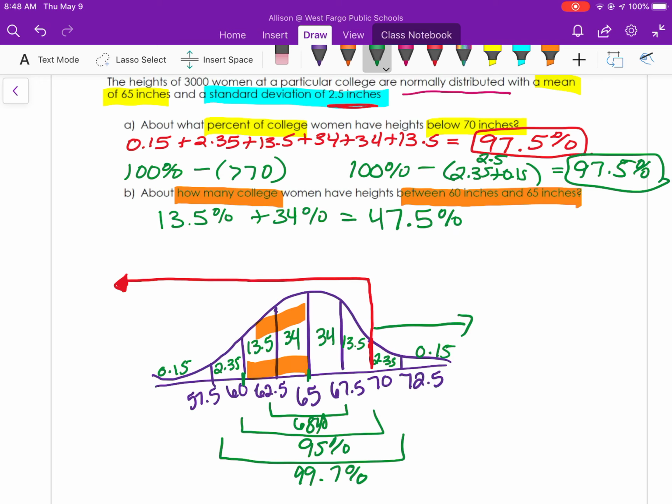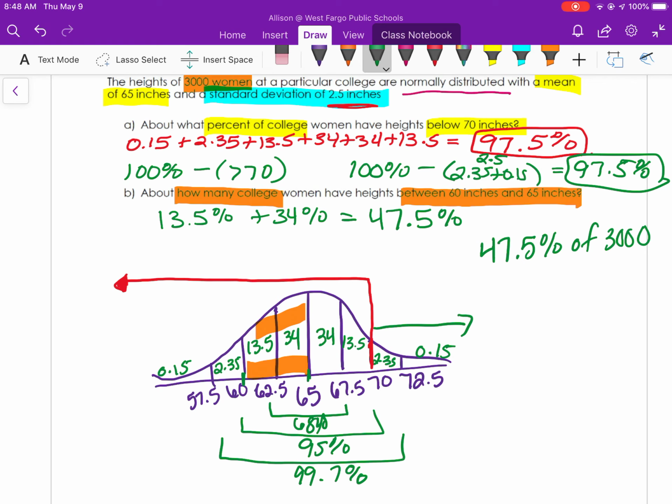But it asked me how many college students. And remember that there were 3,000 women in this particular college. And so I wanted to know what is 47.5% of 3,000. And to find a percent of a number, you multiply that number by the percent's decimal. Like if you wanted to find 50% of 100, you would take 100 times 0.5.